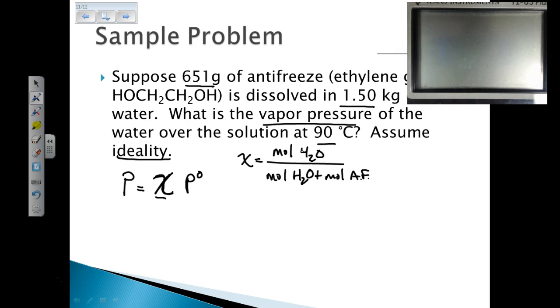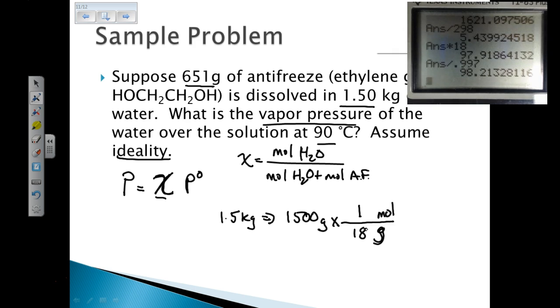Now we have to do some math to convert. We have 1.5 kilograms of water, which is 1,500 grams of water. Now we convert that to moles, with grams on the bottom and moles on top. 1 mole of water has a mass of 18 grams.